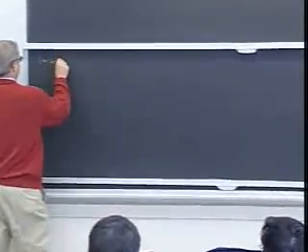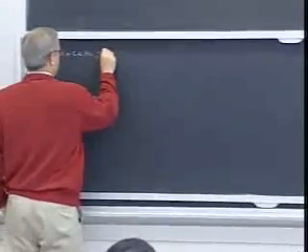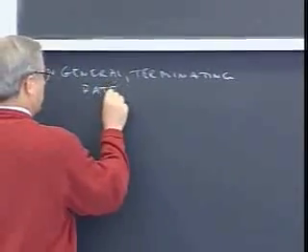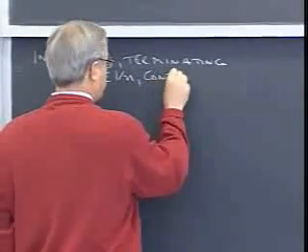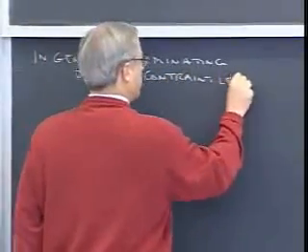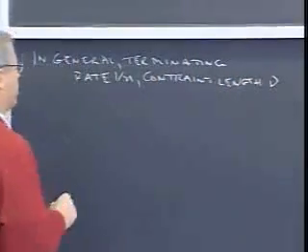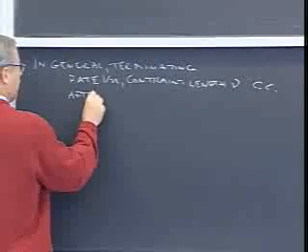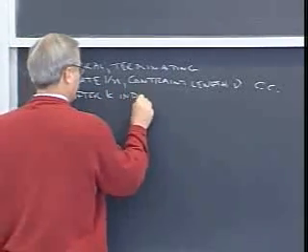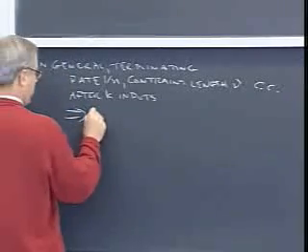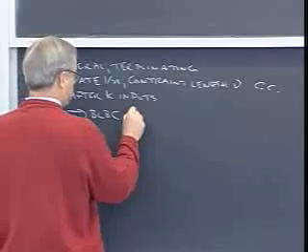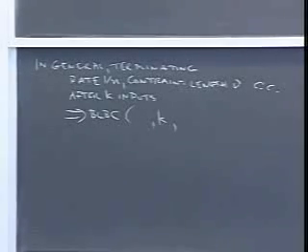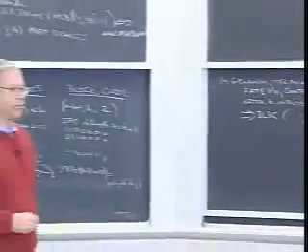In general, by terminating a rate 1 over n, constraint length nu, or 2 to the nu state convolutional code, after k inputs, we get a binary linear block code whose parameters are: we have k information bits, we have k plus nu non-trivial output times.